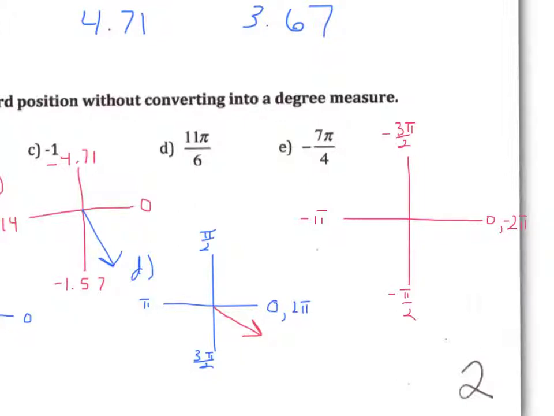And for -7 pi over 4, again, if I had 8 pi over 4, I would be at -2 pi. So it's going to be pretty close. And it's actually going to be right in the middle of the first quadrant. Since this is a pi over 2, this going right in the middle would give you a pi over 4. So that would be where -7 pi over 4 is.